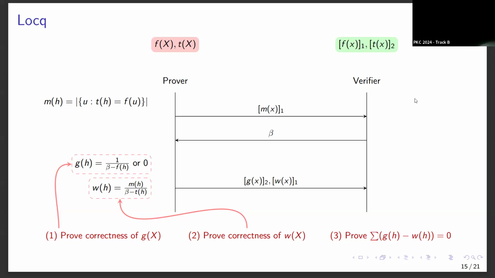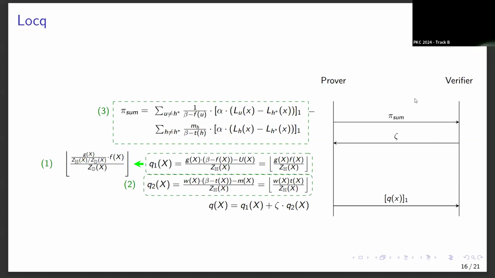Next, the prover has three tasks. First, prove the correctness of the two committed polynomials, and then prove that the two polynomials have the same sum. So we first deal with the third task. That is accomplished using our new univariate sum check.